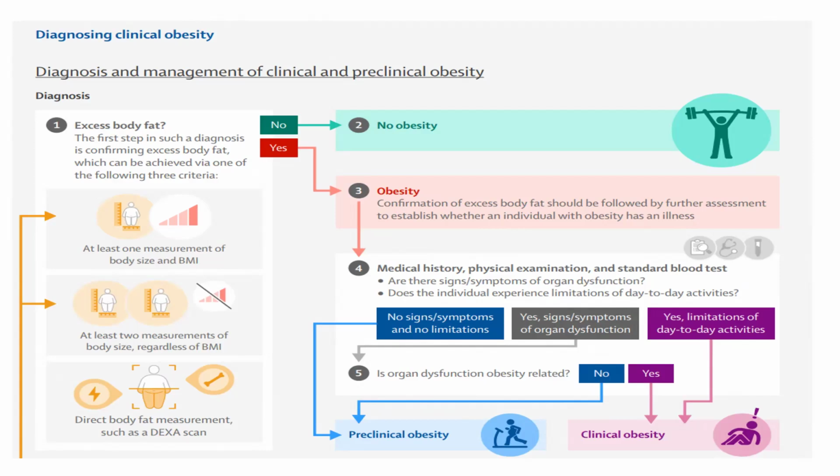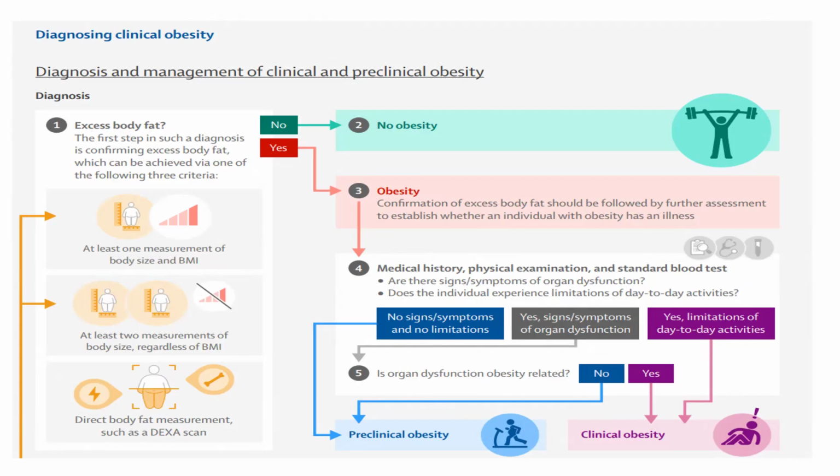At least one of the body size measurements, what they are referring to is either a waist circumference or a waist to height ratio or the waist to hip ratio alongside BMI. The other way is at least two measurements of the body size, like at least two of the things which I mentioned, regardless of the BMI. Or we can do a direct fat measurement using a DEXA scan.